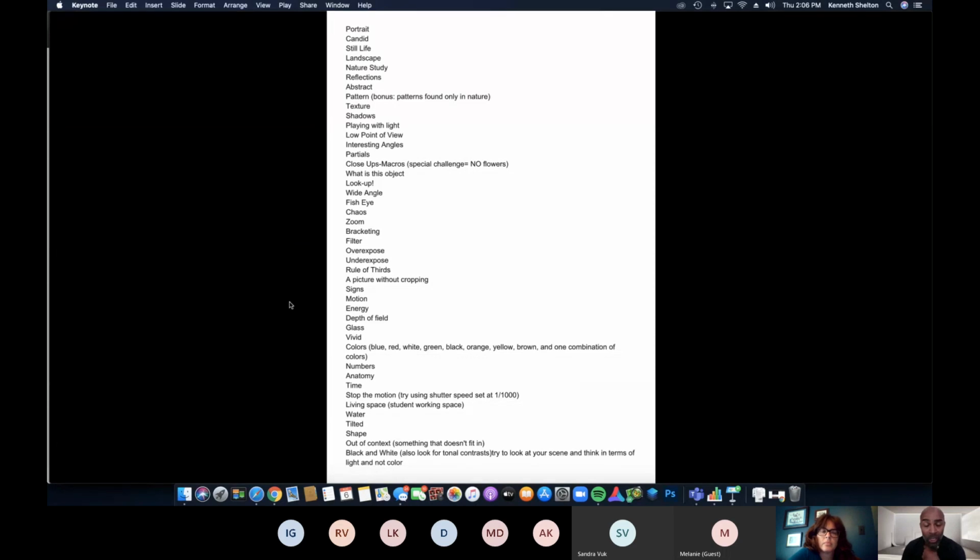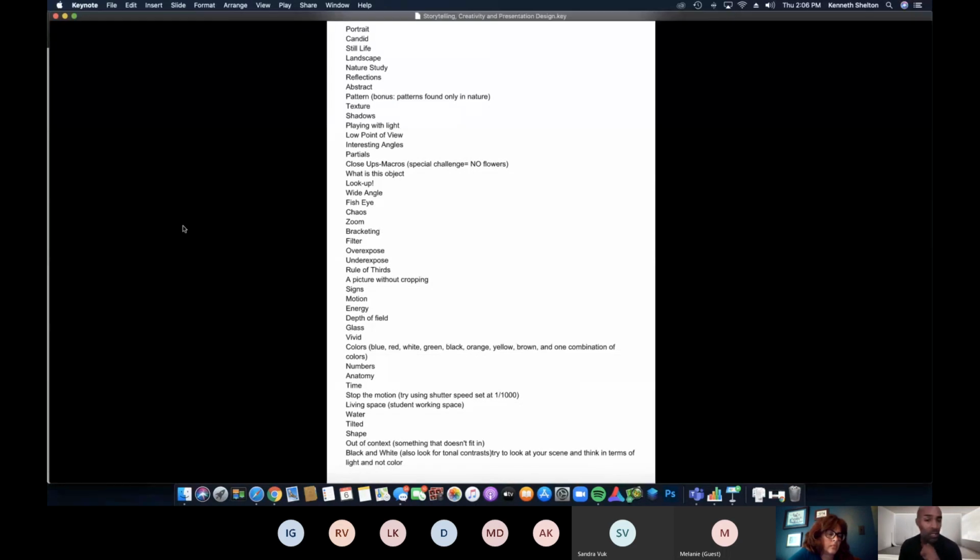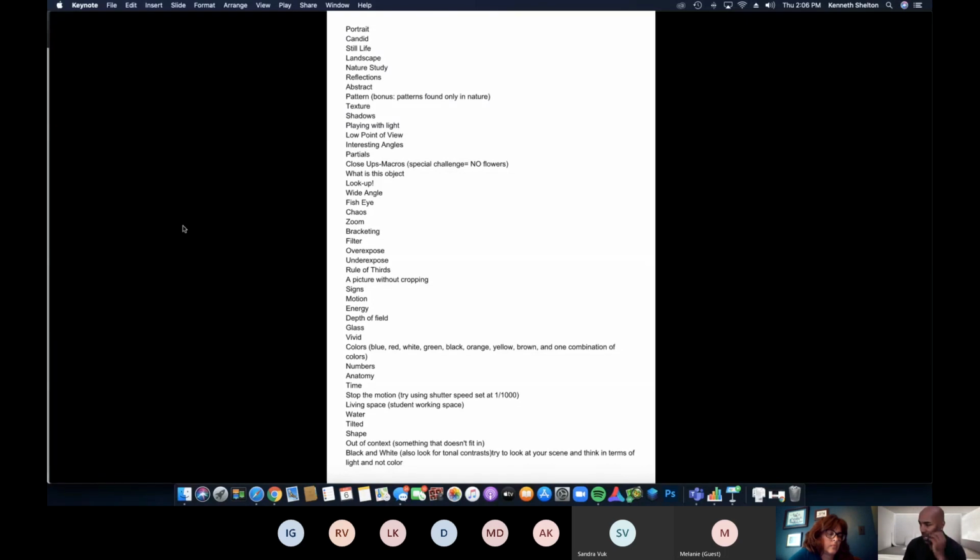It could be my own motion, it could be the motion of something else, it could be forward, backward, circle, or spiral, up, or down, any one of those things. I want you to think in terms of, I have a theme that I want to focus on, and I'm going to capture one image per day for the next 7 days, knowing that you're going to use those images in a whole slide deck that you will create next week, and the story will be aligned with the theme that you select.